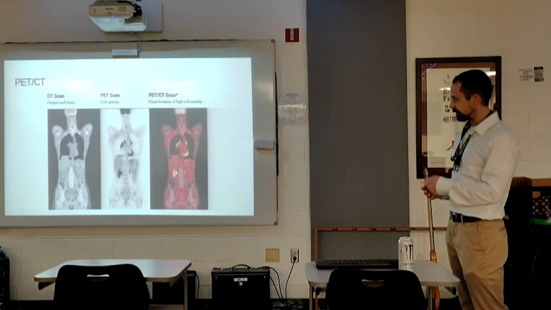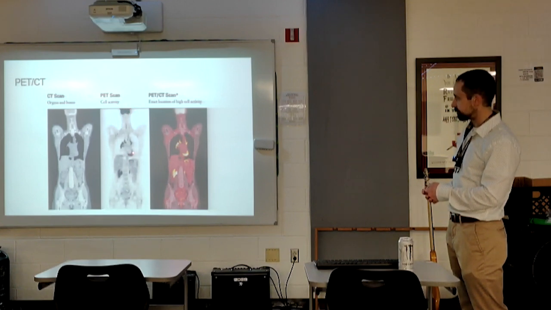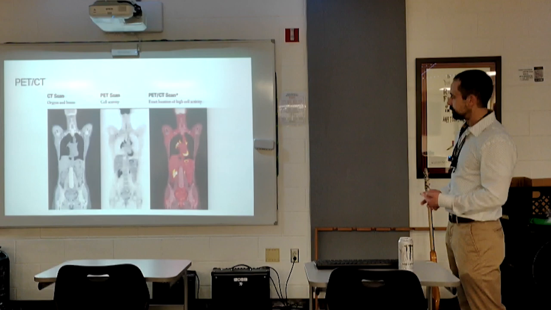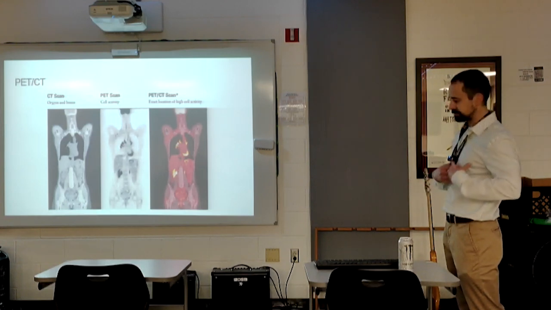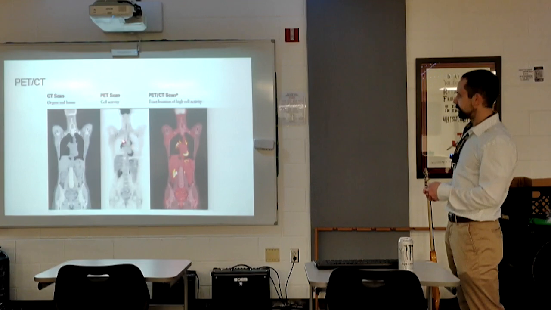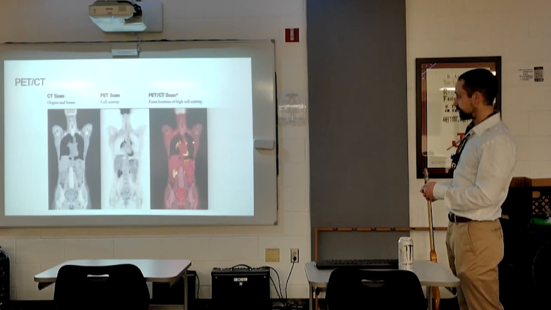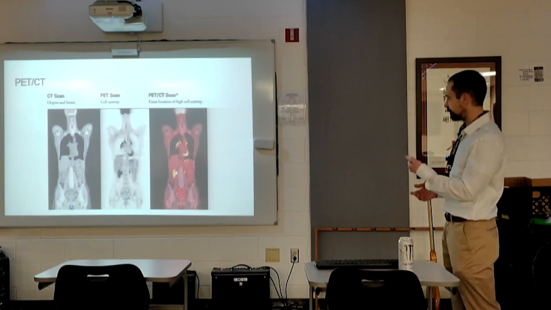So you'd expect a lot of uptake in the brain, heart muscle, and it gets excreted through the kidney, so that's fine. But uptake around the hila, where the lung meets the inner chest, that is abnormal. These are probably abnormal lymph nodes. And then the person also gets a CT scan, and they can fuse these together, and you can look for abnormalities that way. They're typically done to evaluate for cancer.